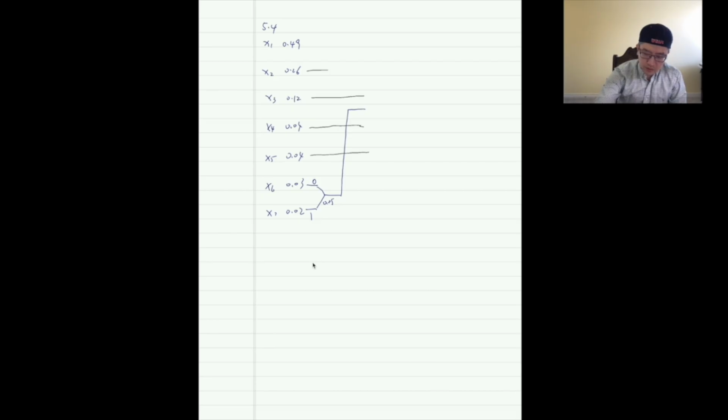Next we combine these two together. So here is 0, here's 1, 0.08.